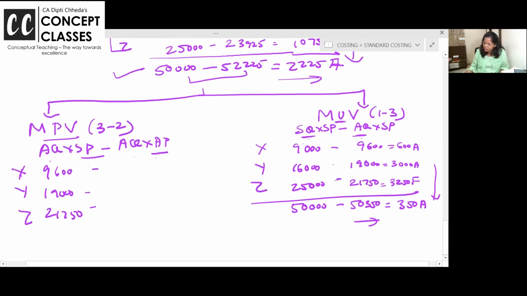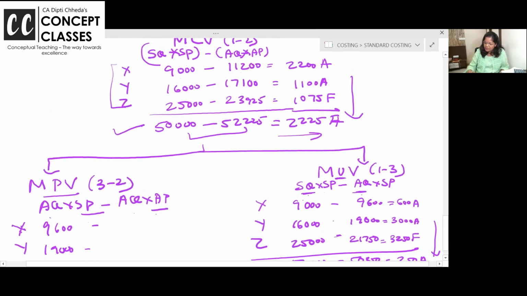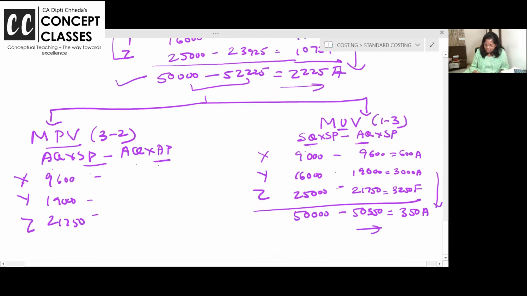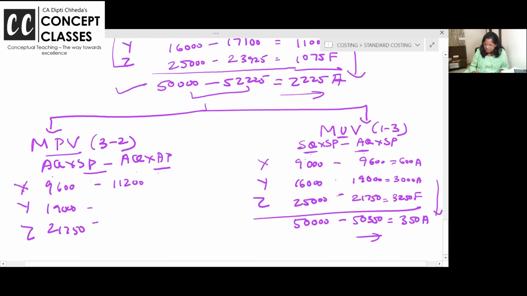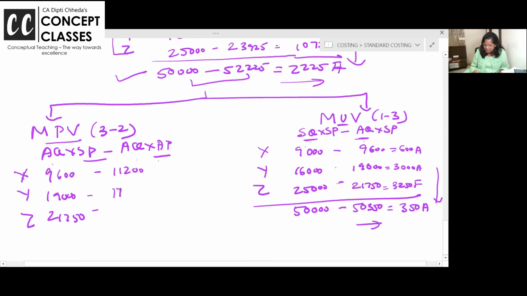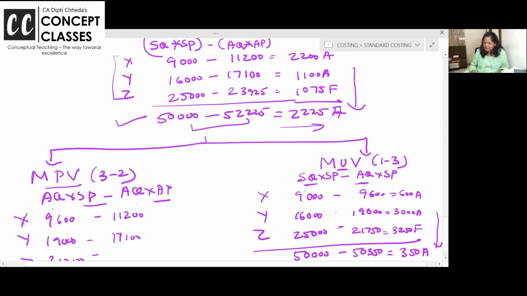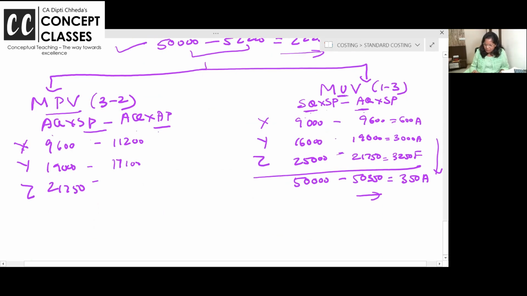Minus 2. 2 ye raha, actual quantity, actual price: 11,200, 17,100, 23,925.